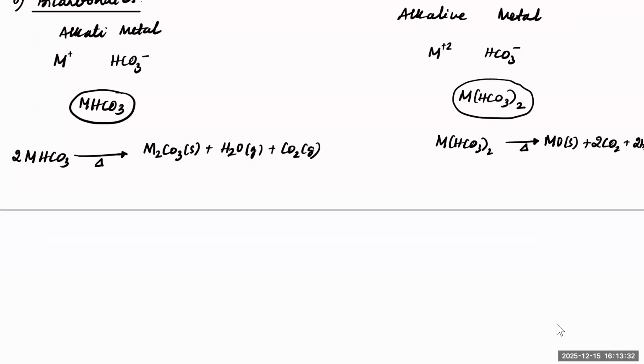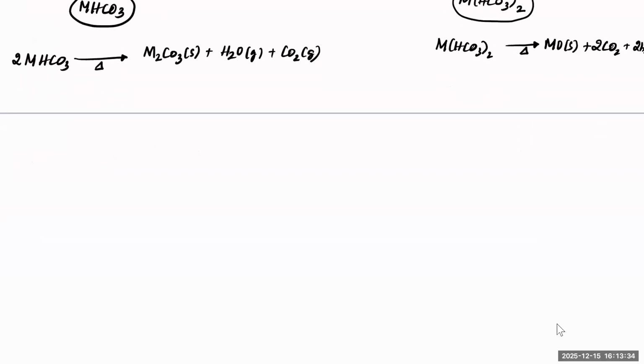Clear, beta? Sir. Next. Type 3, or I will say C, is about decomposition of gases themselves. Again, you would typically be used to checking out these kinds of gases.